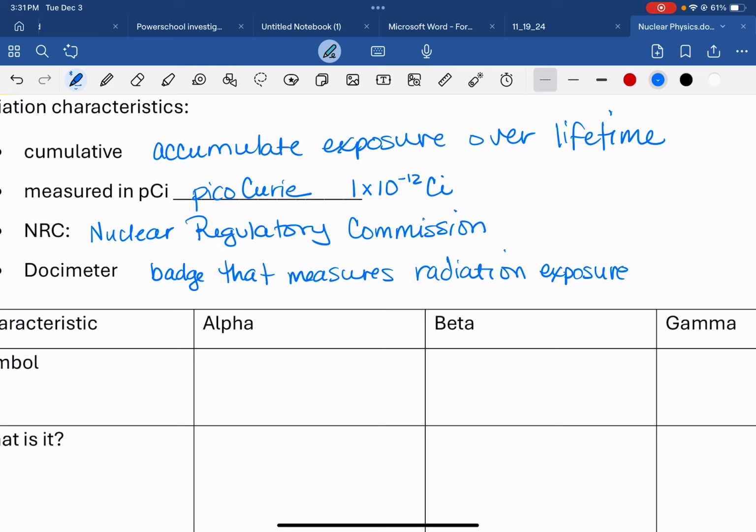It could be actually working with X-ray machines, or let's say you work in a vet's office as a vet tech. You'll usually have what they just call a badge. And then typically that gets sent off and read and logged. The dosimeters that we had in our nuclear lab, we actually read them on the spot, wrote it down in a logbook, and then we read it after we did our experimentation.